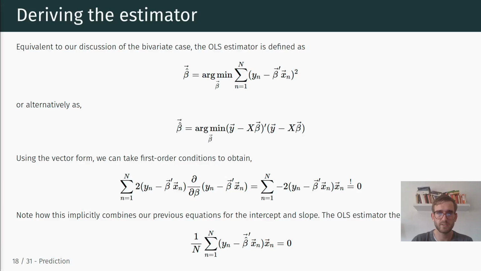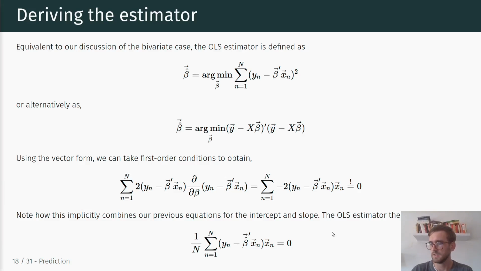So in other words, our OLS estimator has to satisfy, and again we can get rid of this -2 as we did before in the bivariate case, and divide by n. Then this becomes 1 over n, the sum from n equals 1 through N of (y_n minus beta prime x_n) times x_n, and that has to be equal to 0.